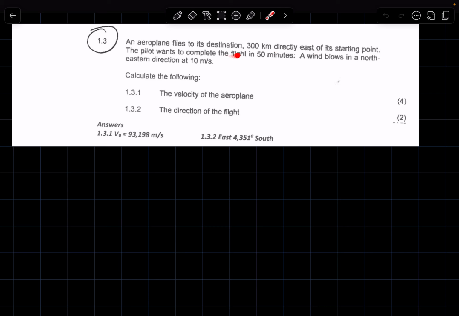So the destination is at a displacement of 300 kilometers, and is directly east. Remember I said anything pertaining to destination relates to VR. So the 300 kilometers is the displacement, and the direction of our destination, which is directly east, is the direction of VR.